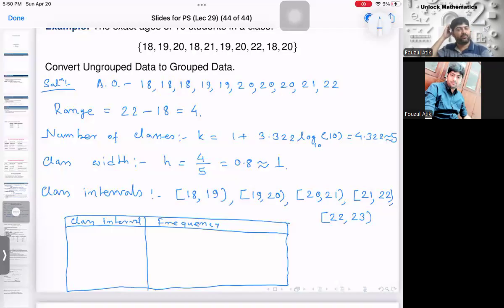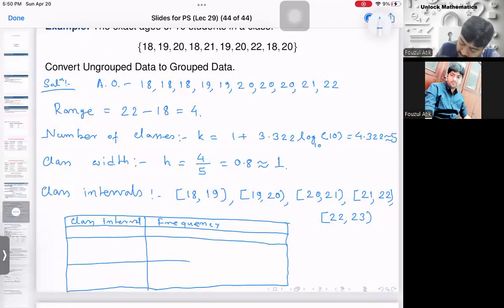We had the ungrouped data and we are making it grouped data. Now we have 5 classes, so we'll make 5 boxes.